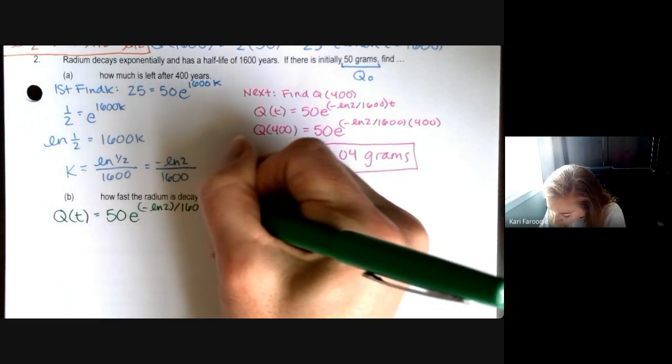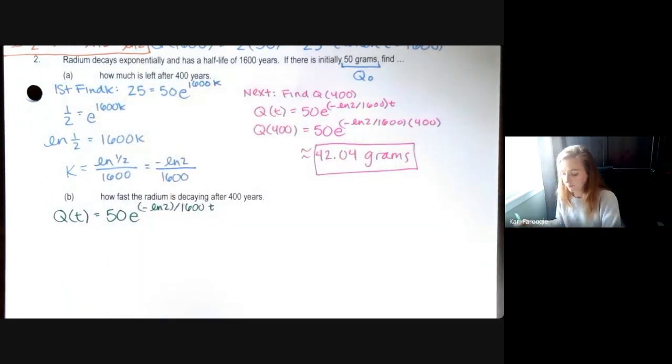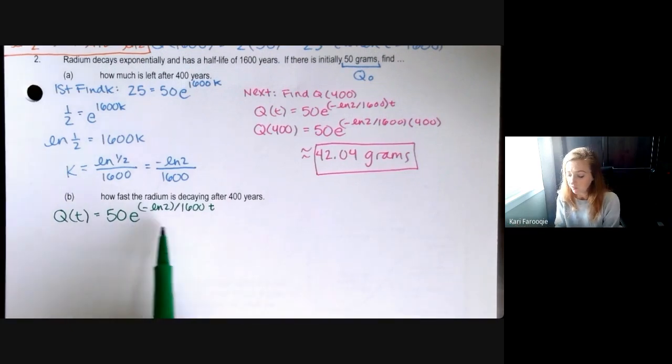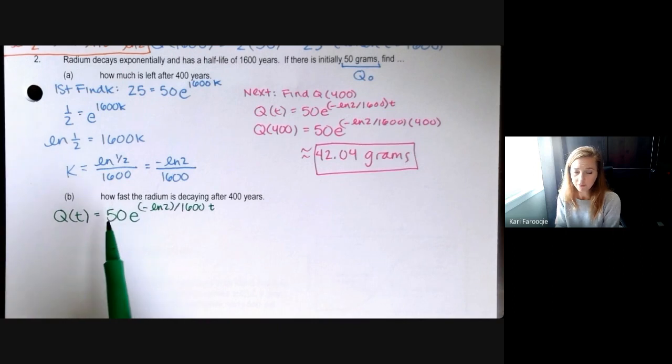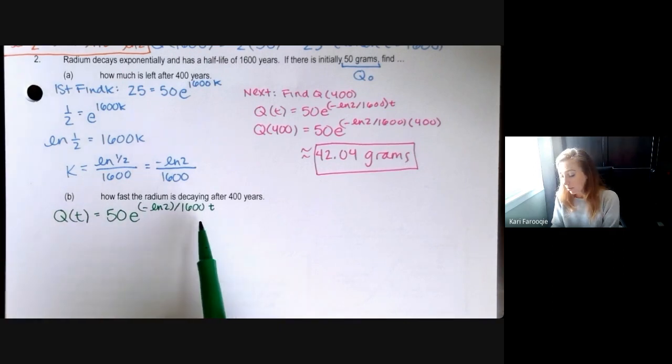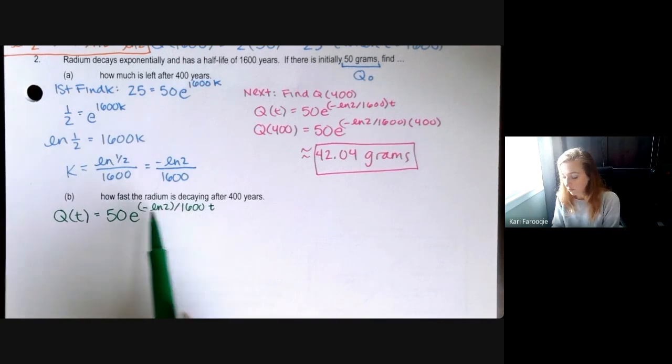divided by 1600 t. Now, when we take this derivative, the only thing we really need to worry about here is taking the derivative of the exponential function. We don't need the product rule, and that's because 50 is a constant multiple. There's no variable in this factor of 50. But we will need to apply that exponent rule for derivatives of exponential functions, chaining on the derivative of the inside function.